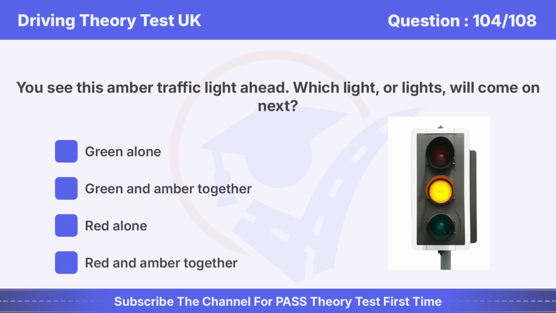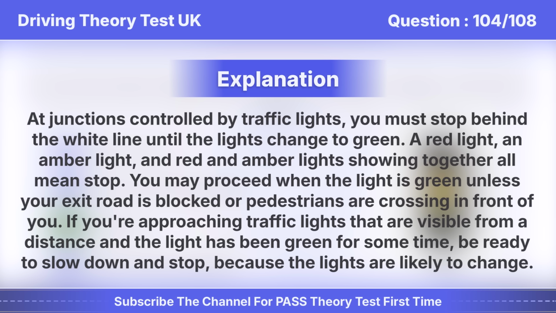Question 104. You see this amber traffic light ahead. Which light, or lights, will come on next? Answer is C. Red alone. At junctions controlled by traffic lights, you must stop behind the white line until the lights change to green.